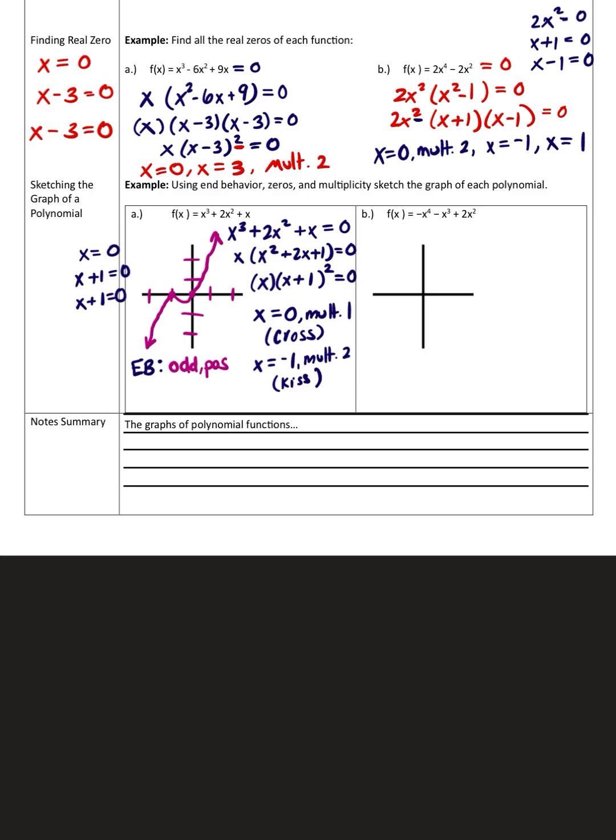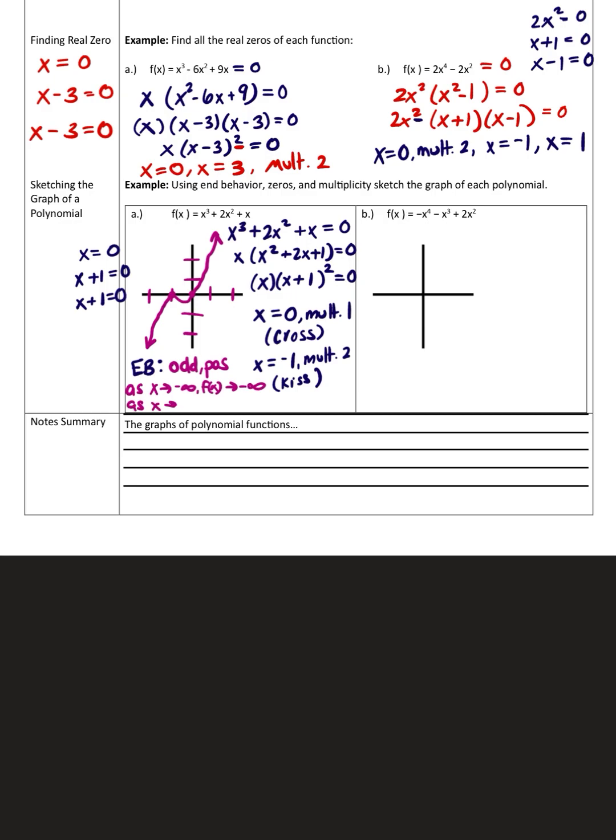Okay? So if I finish my end behavior, it would be as x approaches -infinity, f of x approaches -infinity.